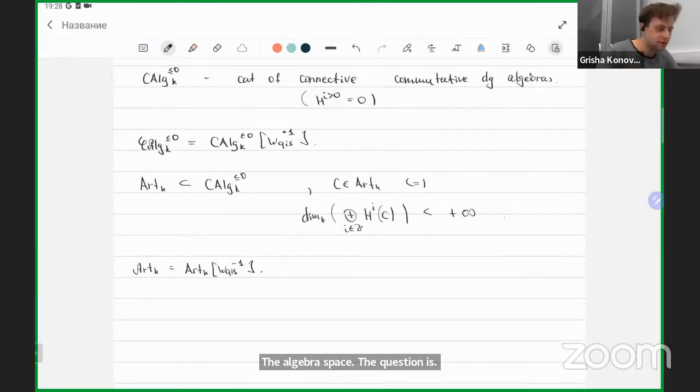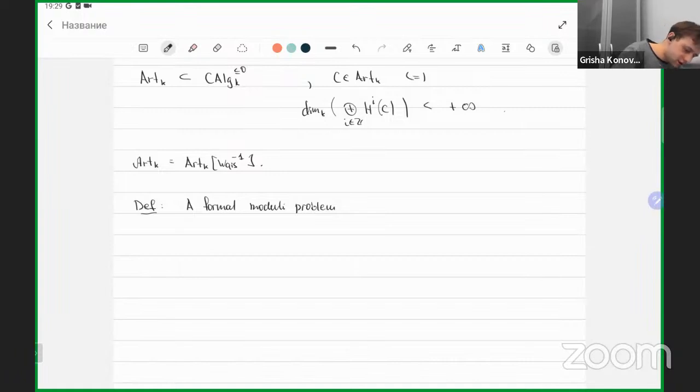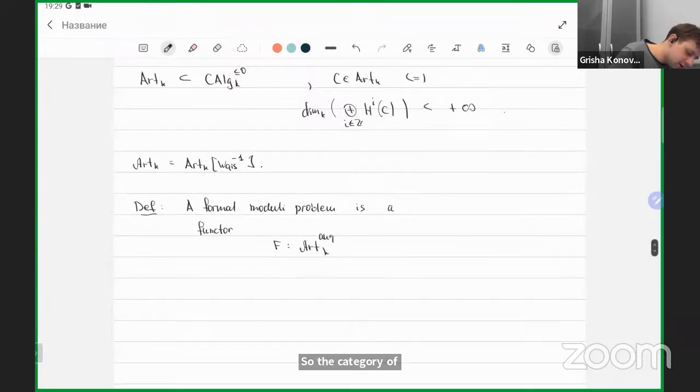So now I'm ready to give a definition. A formal moduli problem is a functor from the category of Artinian augmented algebras.